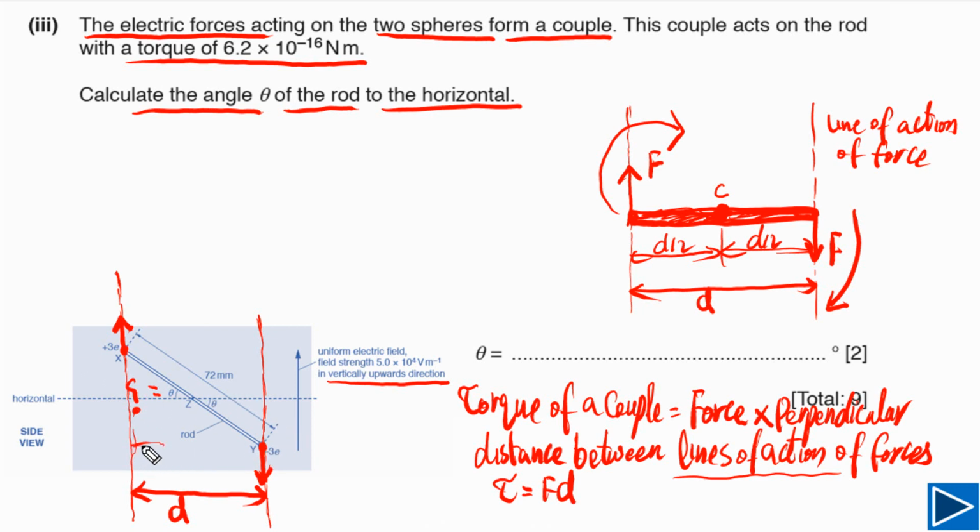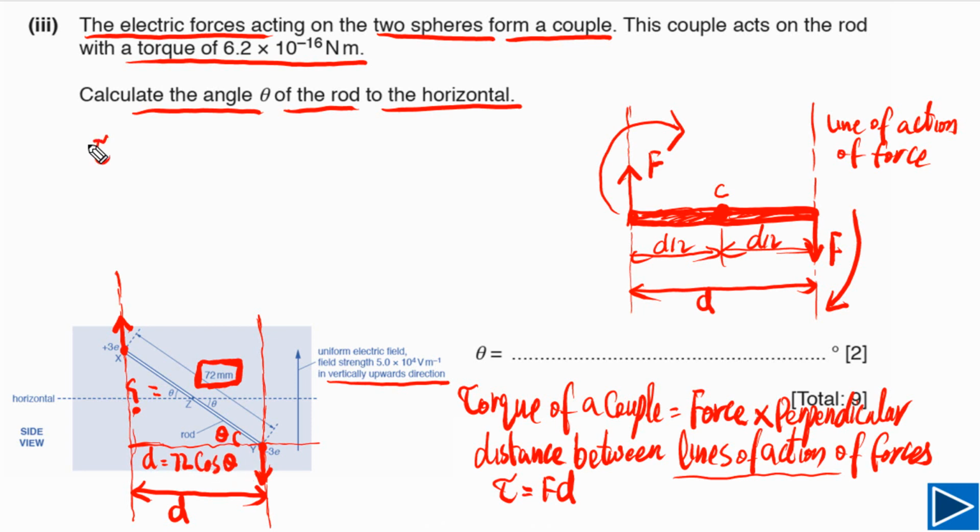If I draw this horizontal line here, you can simply say this angle is theta. Now you see the length of the rod is given, that is 72 millimeters. So this d will simply be equal to 72 cosine of theta.